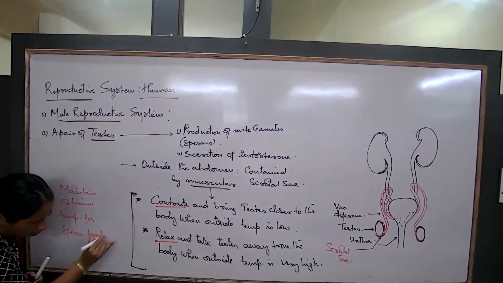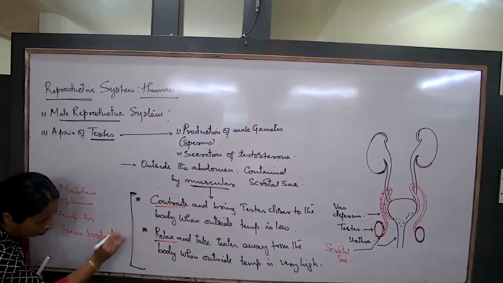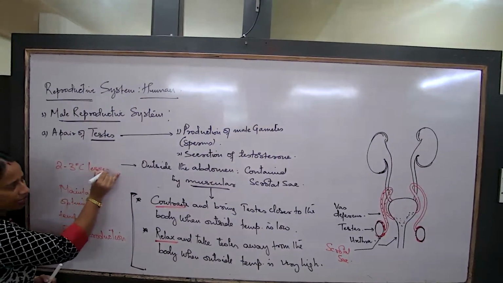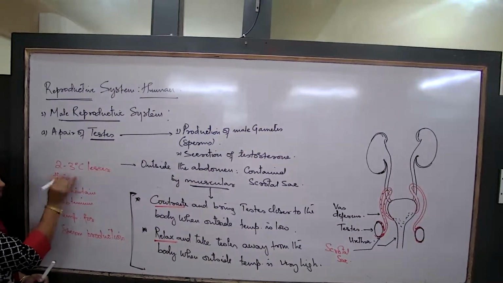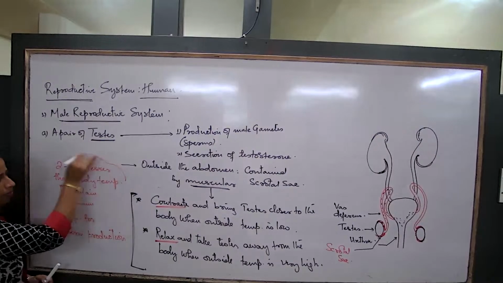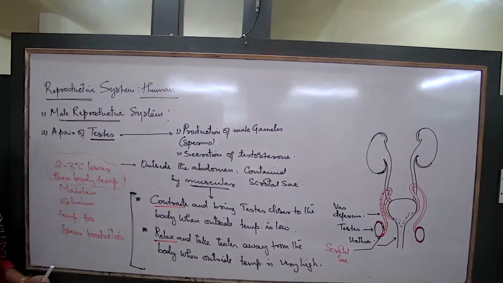What is the optimum temperature for sperm production? 2 to 3 degrees centigrade lesser than the body temperature. This is considered optimum for the process of sperm production.